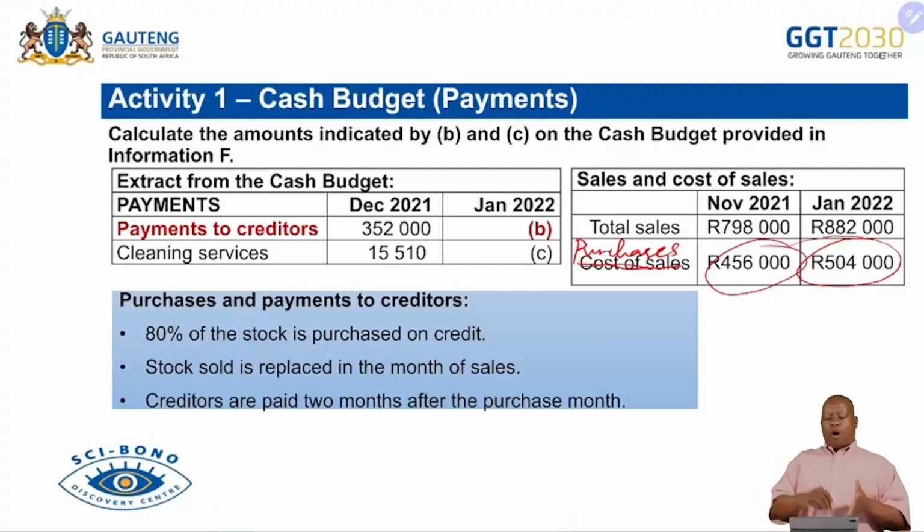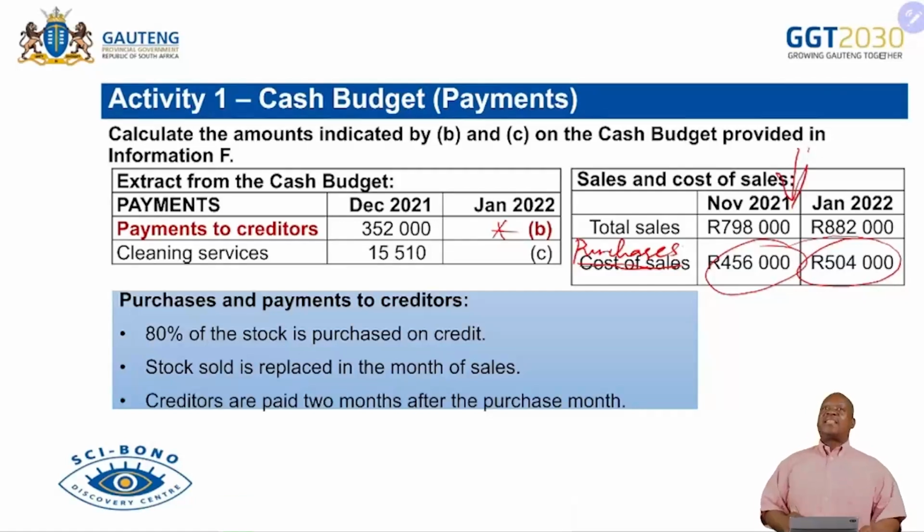So when we go back to B, it is saying we want payments to creditors in the month of January. If we want to know how much was paid in January, we are not looking at the purchases of December because it's done only 2 months after. So we are looking at the purchases for November. That's the reason why you can see there is something missing here.